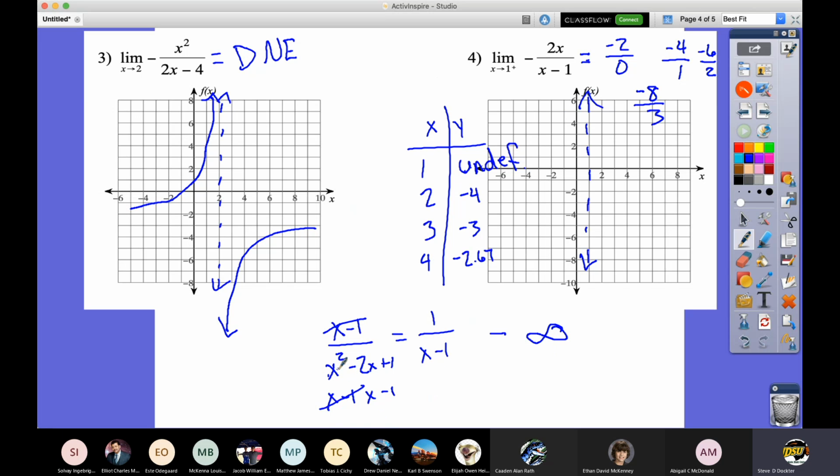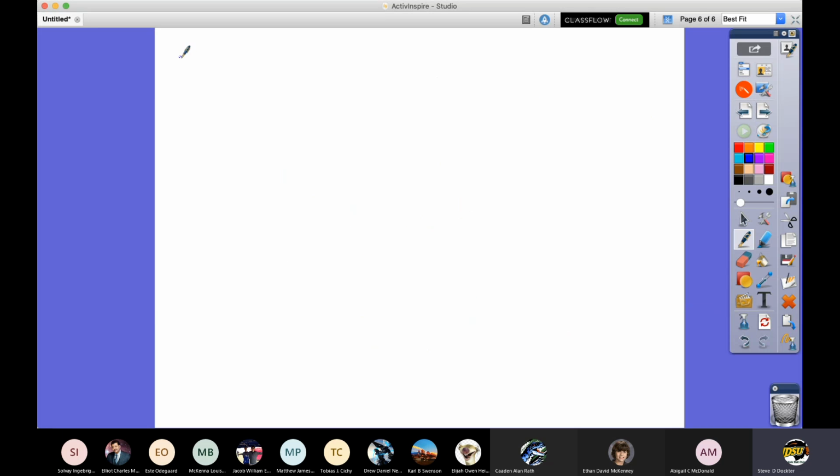So make sure that step one to limits, if we're going to make some steps here. Step 1, plug it in. If it works, then you're good. If you get something over 0, then you've got to do a next step.